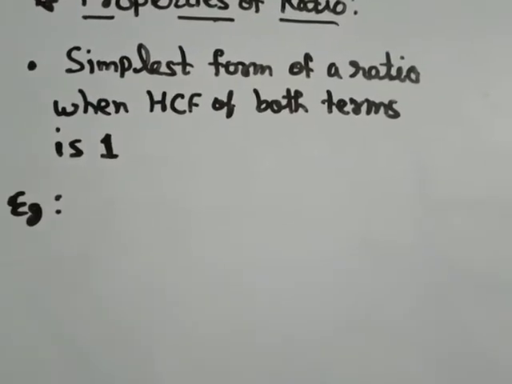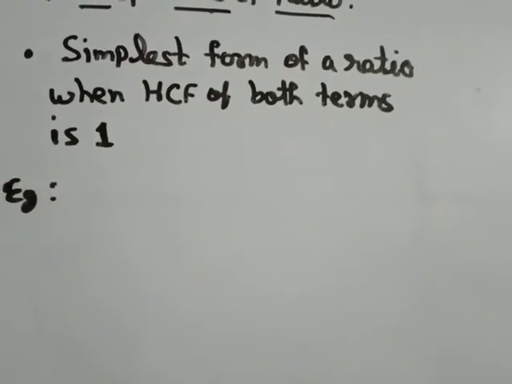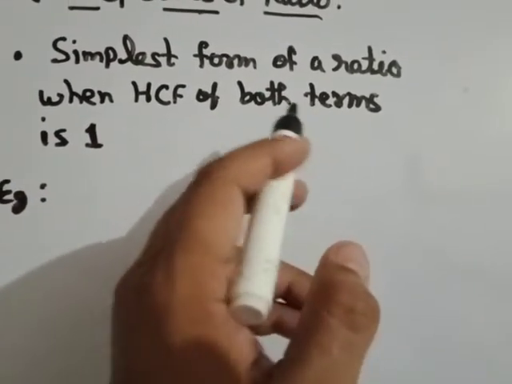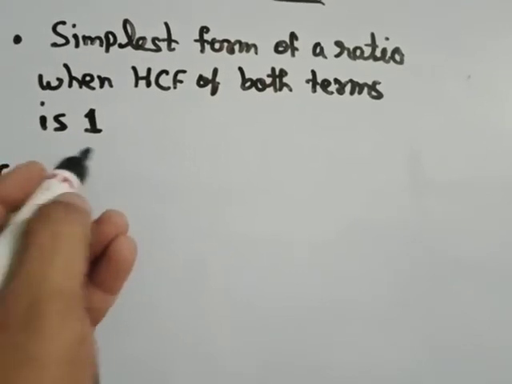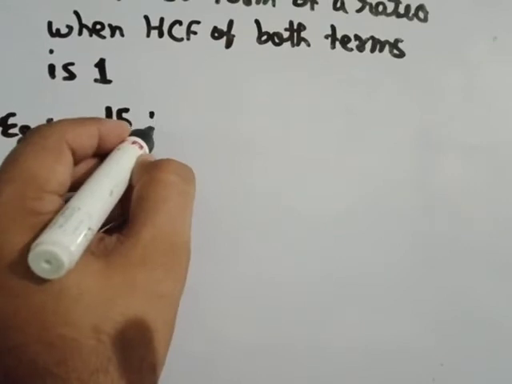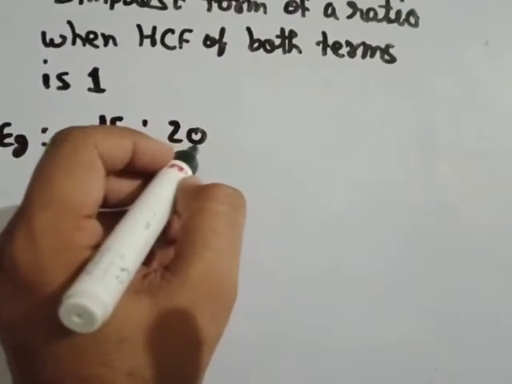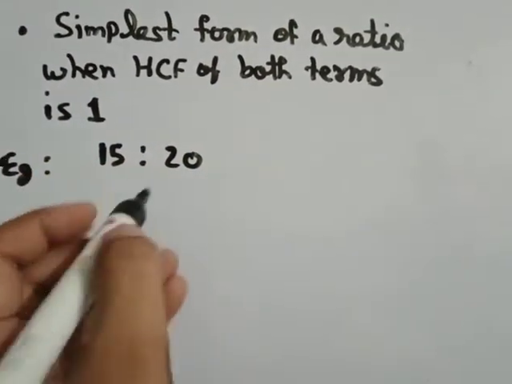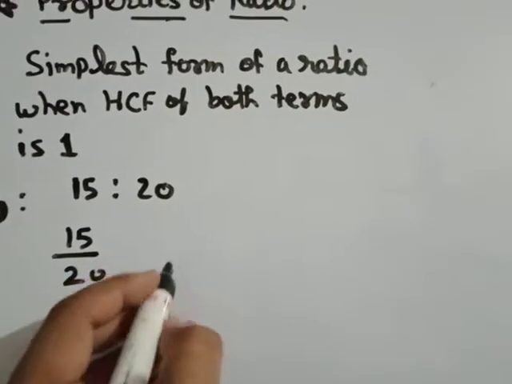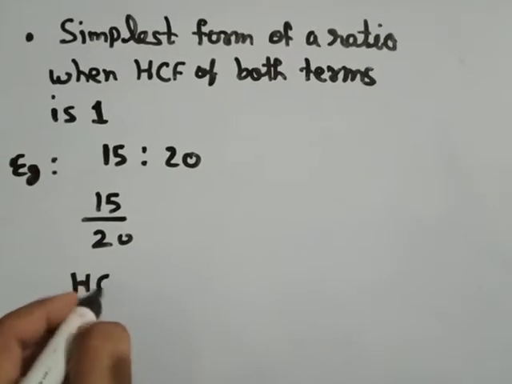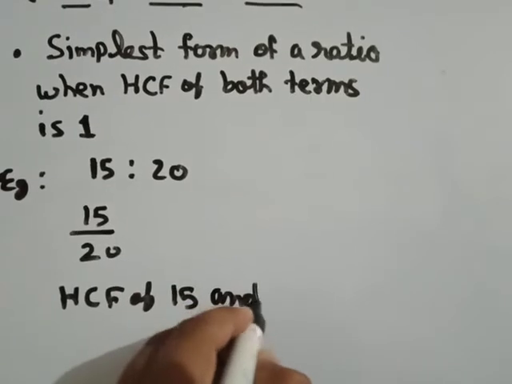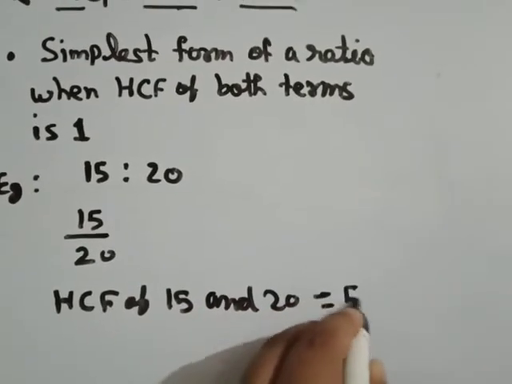Now the next property, the simplest form of a ratio. How can we find the simplest form of a ratio? When the HCF of both terms, meaning antecedent and consequent, is 1. For example, 15 ratio 20. Write in its simplest form. So we note down 15 and 20, but the HCF of 15 and 20 is 5.